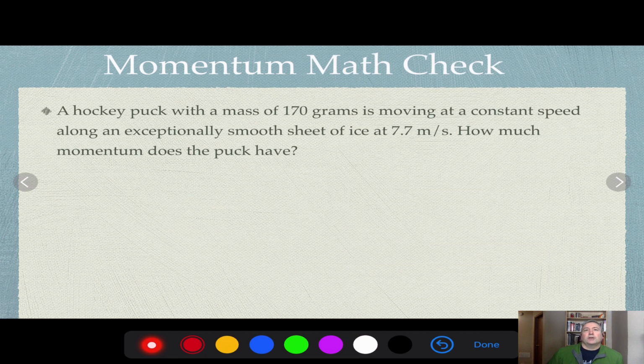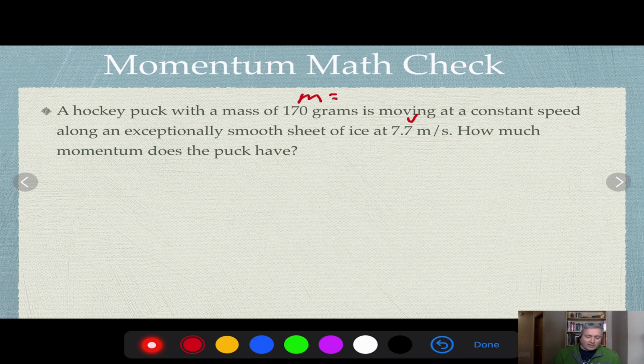All right, so here's an example problem. We have a puck, it's got a mass of 170 grams, okay? And it's going at a velocity of 7.7 meters per second. We'll assume that it's positive direction. We don't have any other indication of direction, so that's important.